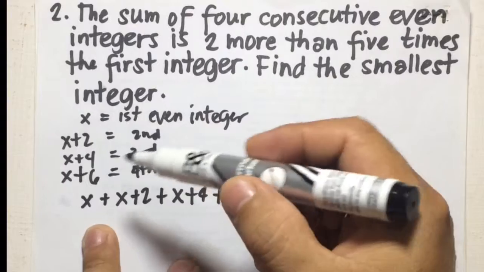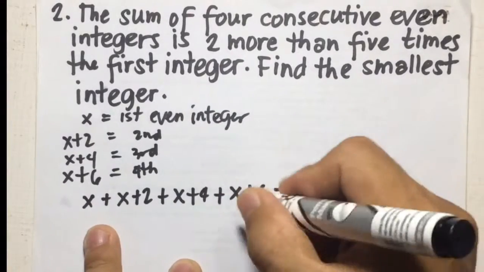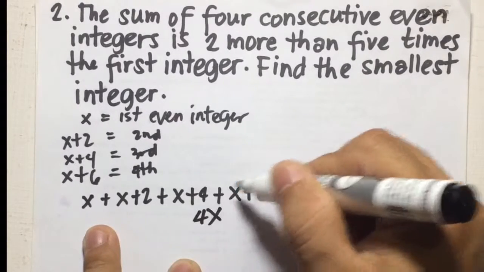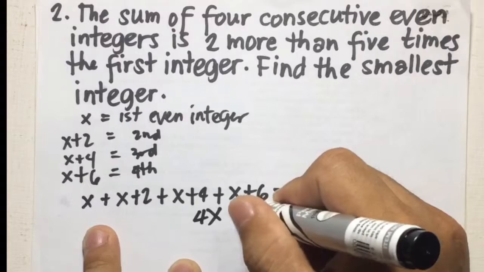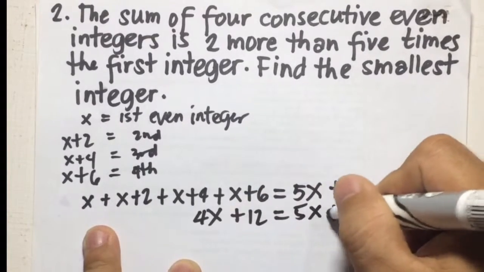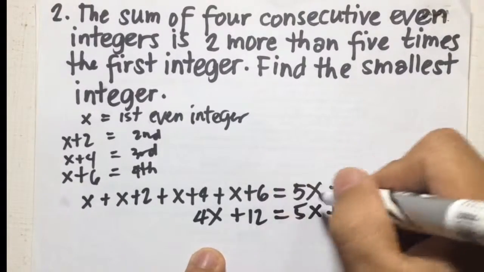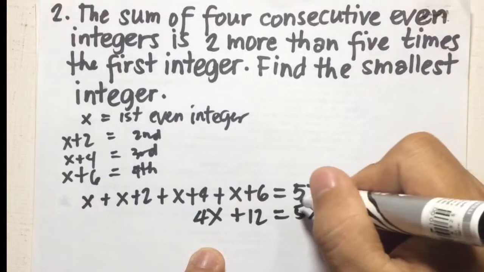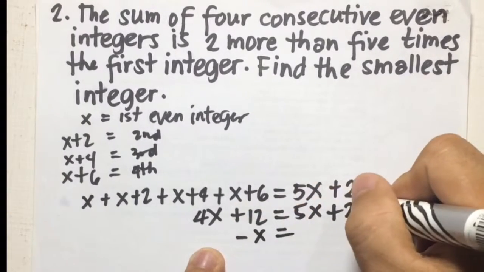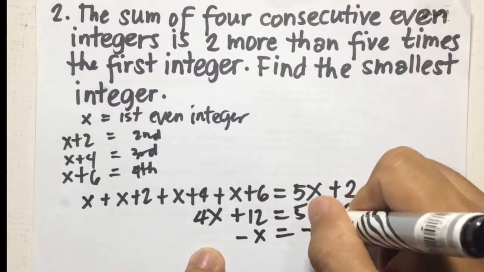In solving the equation, x plus x plus x plus x will be 4x. Then 2 plus 4 is 6, plus 6 is 12, so this is plus 12. Then this is 5x plus 2. Combining like terms, 4x minus 5x is negative x, and 2 minus 12 is negative 10.